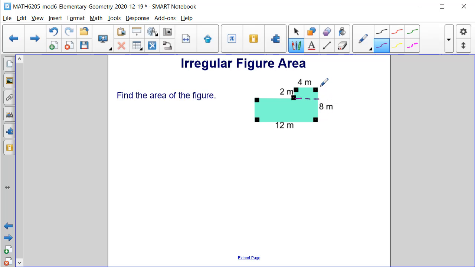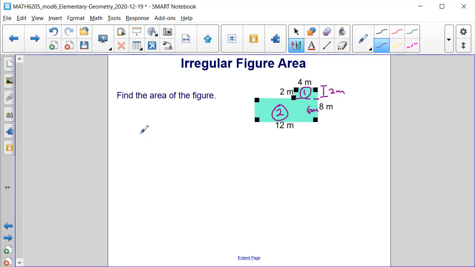So if I know that from here to here is 2 meters, then the remaining amount will be 6 meters, because 8 represents the entire thing. So now we have area 1 at the top and area 2 down low.